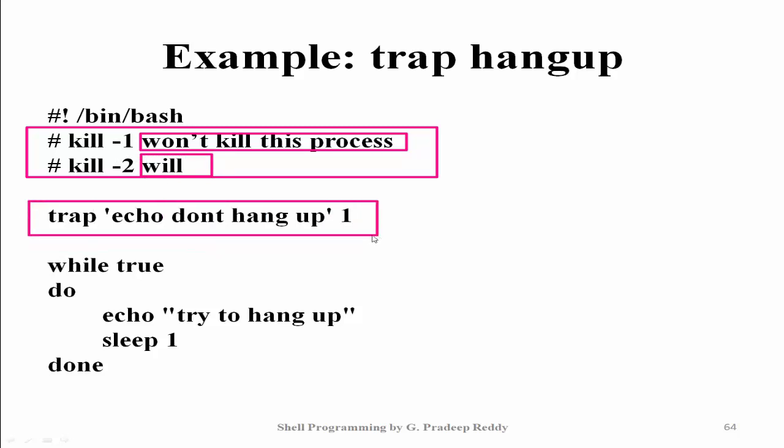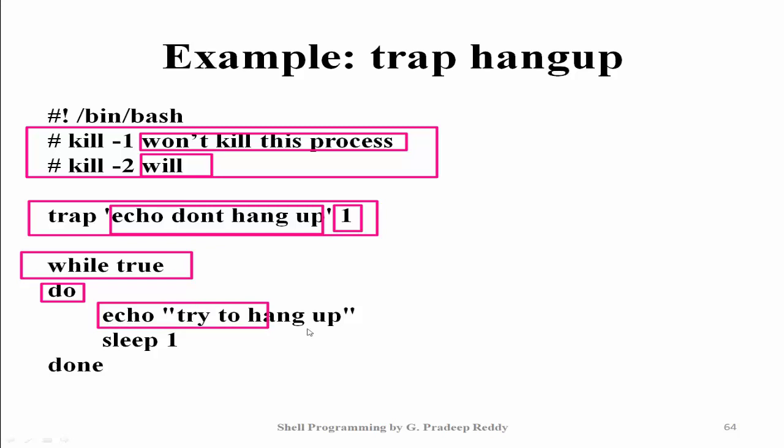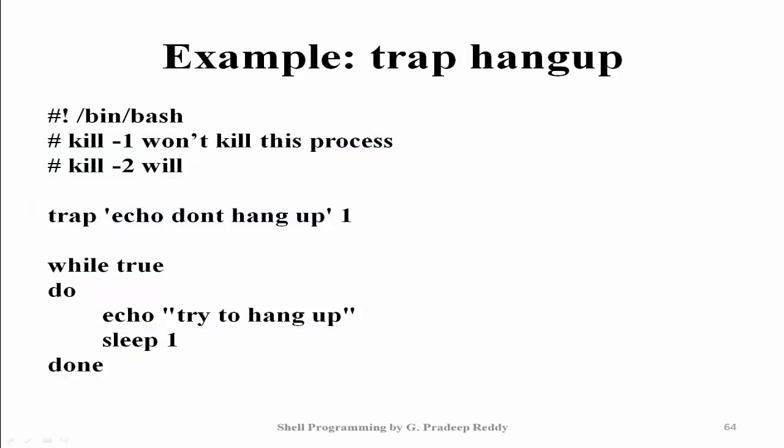Trap is a software interrupt where we are going to display a message: echo do not hang up. So here we have specified 1, which is going to show do not hang up. Now while it is true, it is going to do the following steps: echo try to hang up, and here it is going to sleep 1. It is going to sleep for 1 second.